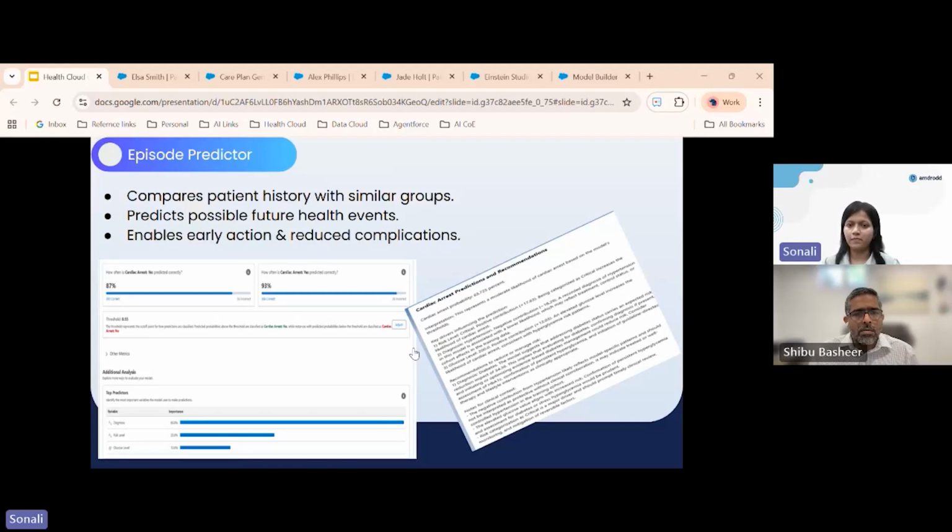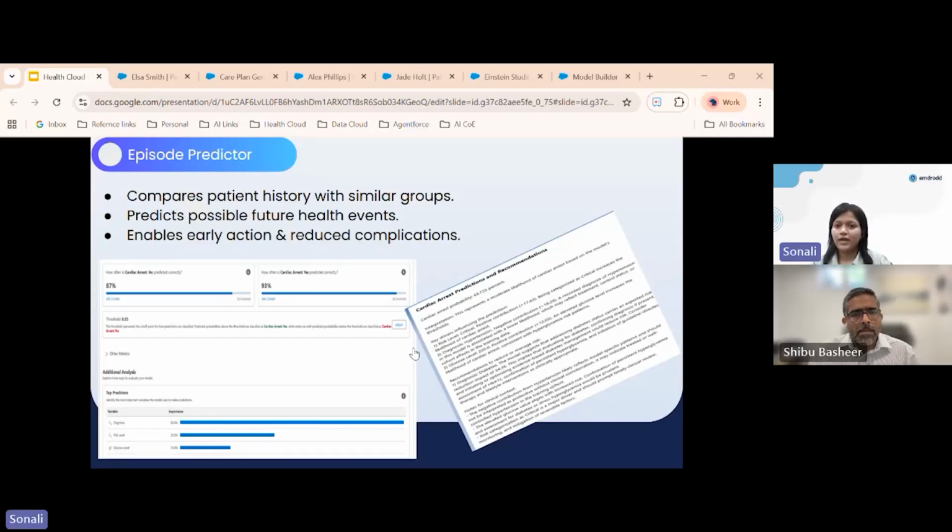And using that pattern, it actually predicts future health events. What I mean by that is, for example, if a patient with heart disease shows some early warning patterns in their data, this episode predictor can flag that they are at higher risk of hospitalization.